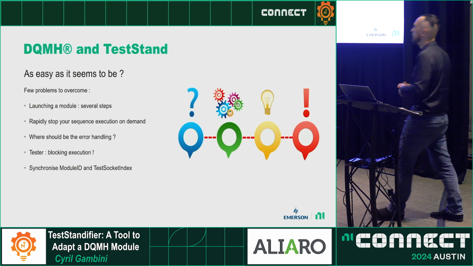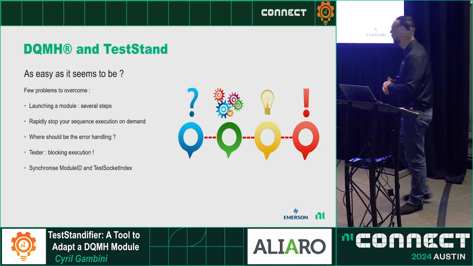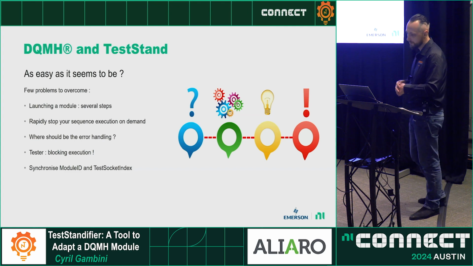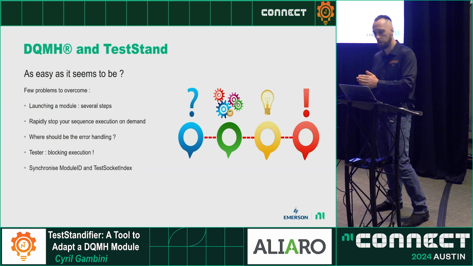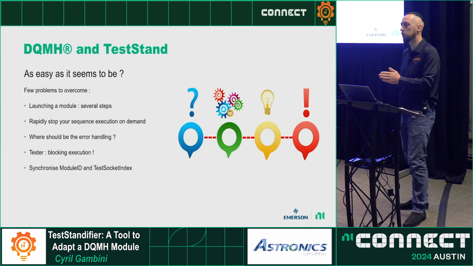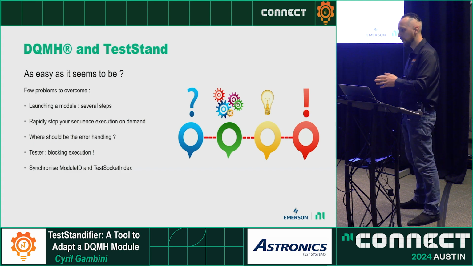But is it as easy as it seems to be? When we first used DQMH with testing, I went through the DQMH examples, and there are a few examples delivered with DQMH to use a module in testing.